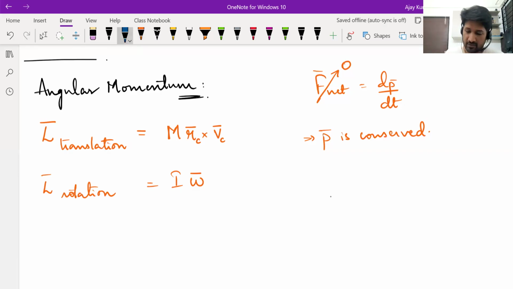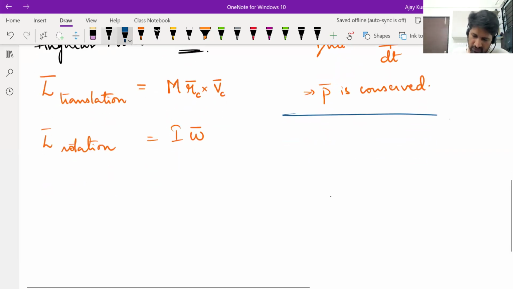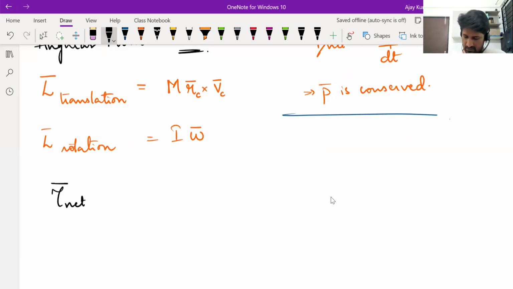Similarly, we have something called law of conservation of angular momentum. We know that net torque acting on a system about a given axis is the rate of change of its angular momentum about that axis. Therefore, if net torque is 0, we can say that rate of change of angular momentum is 0.